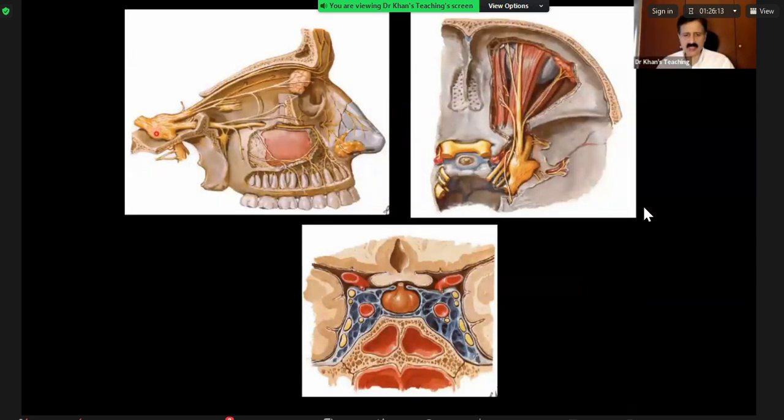Here is the Meckel's cave, where there is a ganglion, the Gasserian ganglion. It divides into V1, V2, and V3. The V3 goes through the foramen ovale into the base of skull, through the base of skull into the neck. But V1 and V2, they go into the cavernous sinus. So on an axial, this is how it will look.